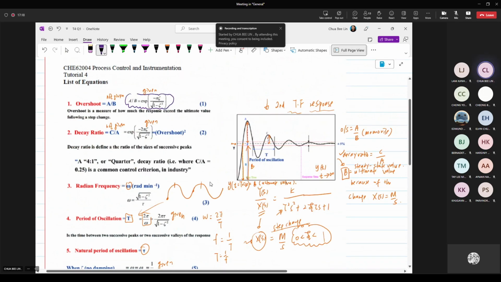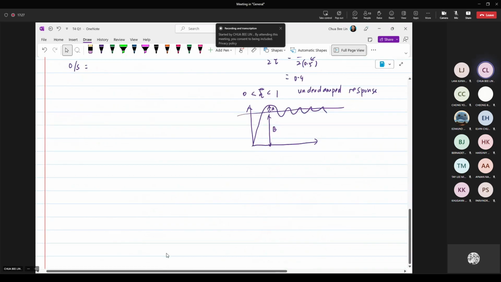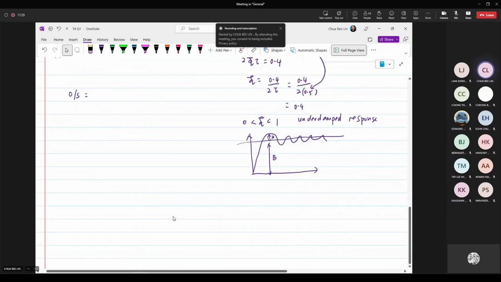Okay, so the formula is overshoot equals A over B equals exponential term, negative pi damping factor over square root of 1 minus damping factor power to 2.